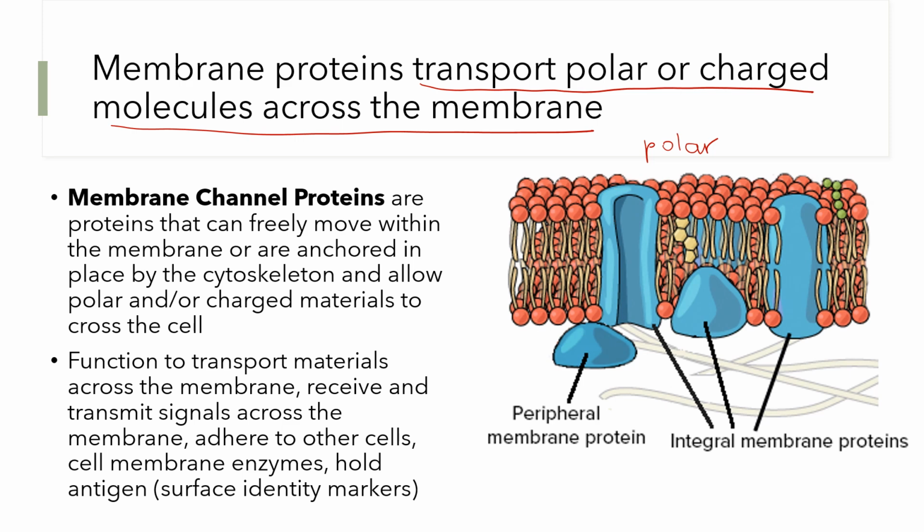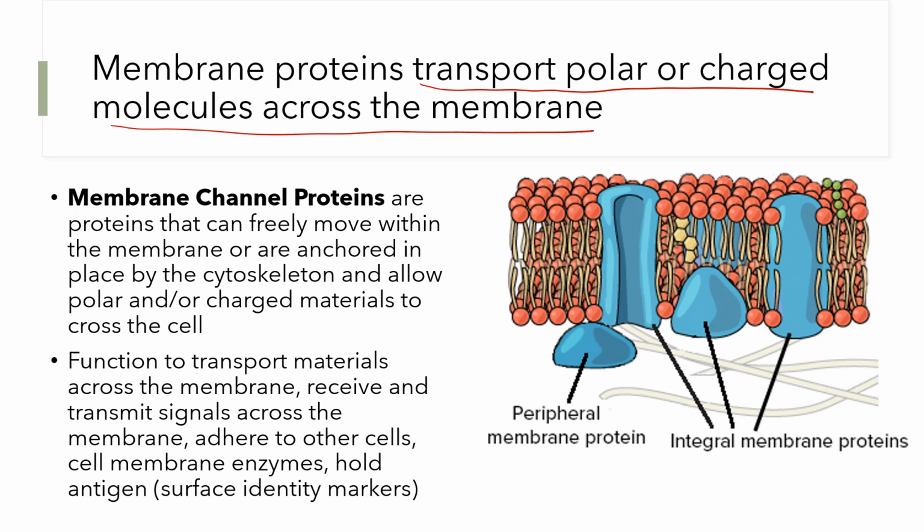Now, this is also often anchored into place, so these can move around within the membrane, but they're very much anchored to the membrane itself with our cytoskeleton or with other types of molecules that are kind of binding it within the membrane itself. So these proteins have a lot of different unique jobs.